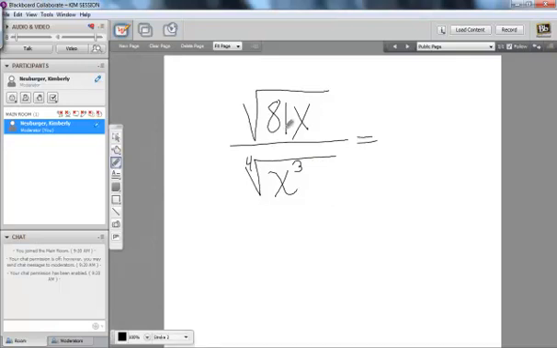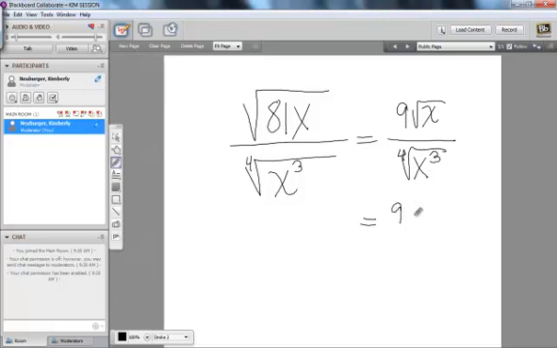To start out with, the square root of 81 is 9, so I can put a 9 in front of that and do the actual square root of 81 to get 9. That will be over your fourth root of x cubed. Now, if we switch to fractional exponents at this point, we can actually take care of the radicals.